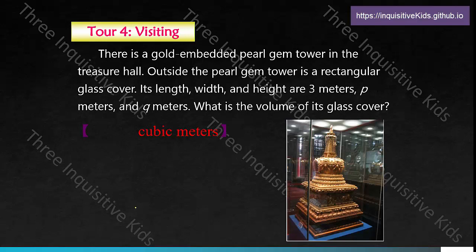To find the volume, we need to multiply the length, width, and height. It's already given: 3, p, and q. Since we multiply them all together, the multiplication sign can be omitted, and the answer is just 3pq.